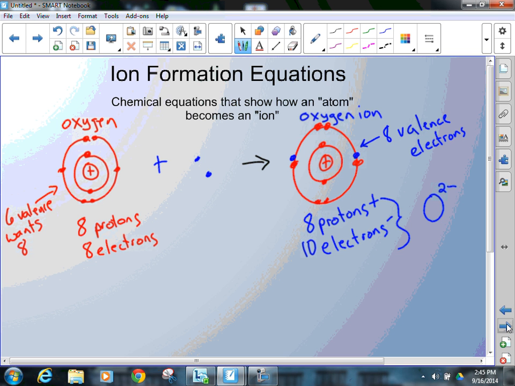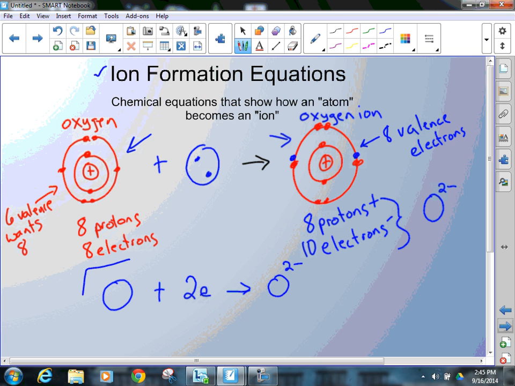If we were writing the ion formation equation, instead of doing it with all these drawings, we just put it in symbols. So we say O for the oxygen atom plus these 2 electrons, which we symbolize as 2e-, and we put our arrow, which means turns into products, and then we put the oxygen ion with its charge, O2-.